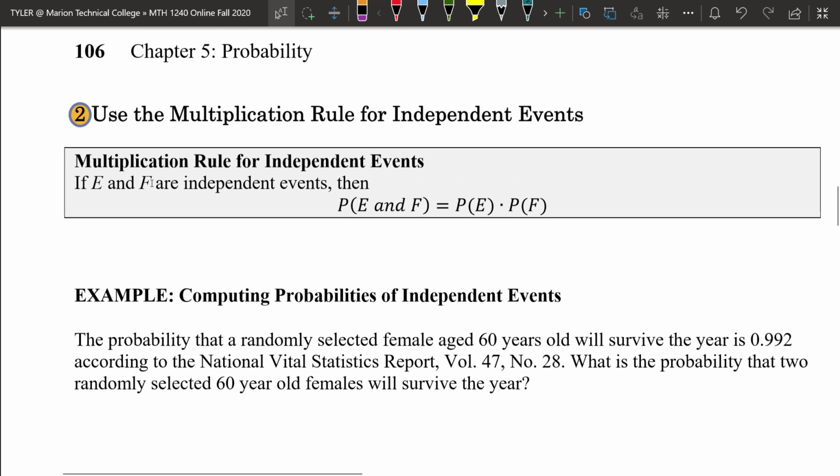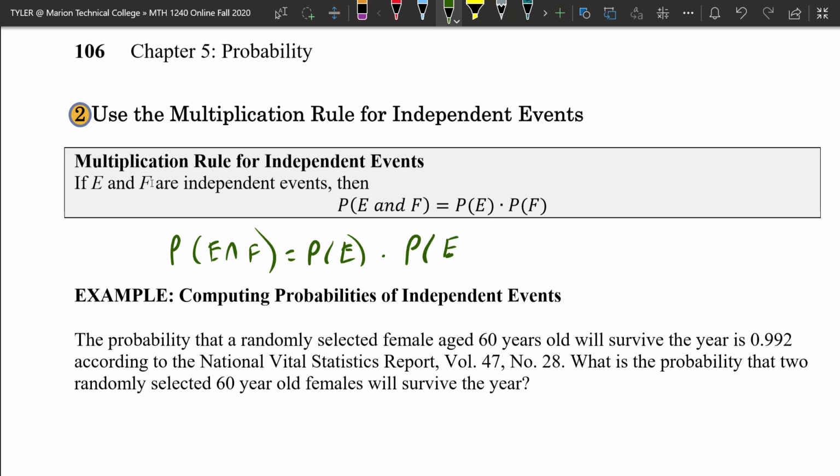Right, so learning objective 2 is to use the multiplication rule for independent events. So we have here that if E and F are independent events, then the probability of E and F equals the probability of E times the probability of F. Right, so we could write that using our intersect symbol: the probability of E intersect F equals the probability of E times the probability of F. And this is if E and F are independent.